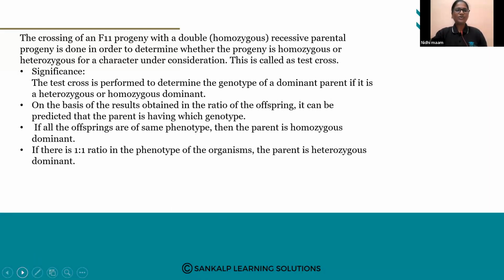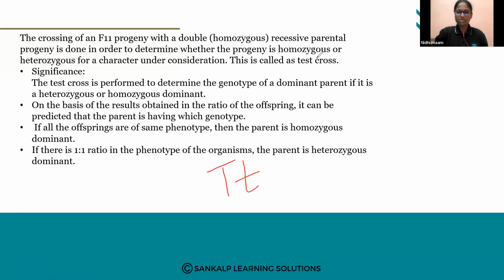fine. So here what happens, guys? The crossing of F1 progeny, the first generation, with a double homozygous recessive parental progeny. For example here, yes Sita, I will come to your point. In Mendel's monohybrid cross, the F1 progeny is heterozygous tall.